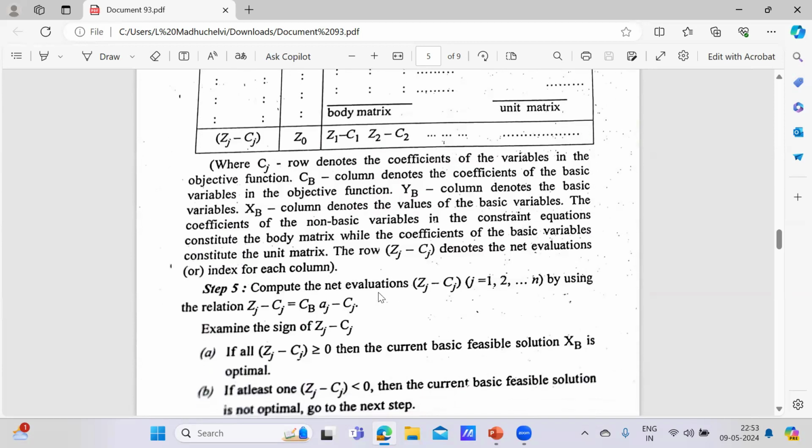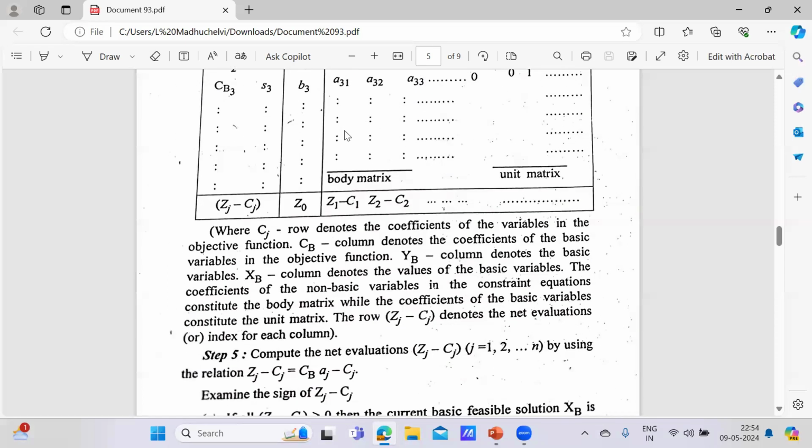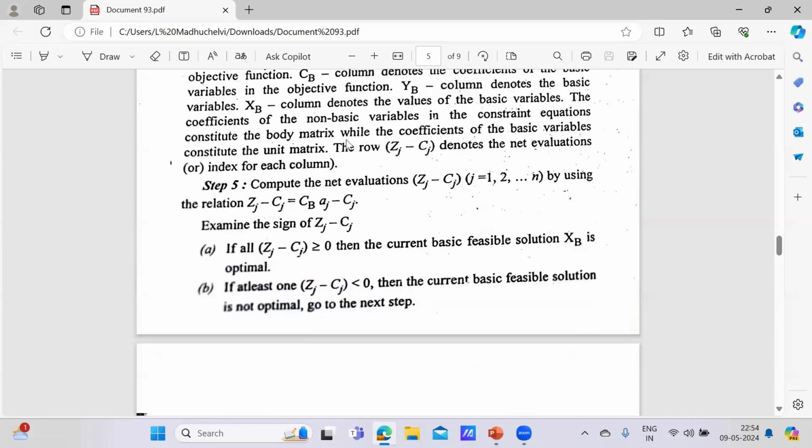By using the relation CB times Aj minus Cj. We multiply CB by Aj, that is A11, A21, A31. That gives CB1 A11 plus CB2 A21 plus CB3 A31, which gives you Z1 minus C1. C1 is in the top row. That is the way of computing Zj minus Cj.